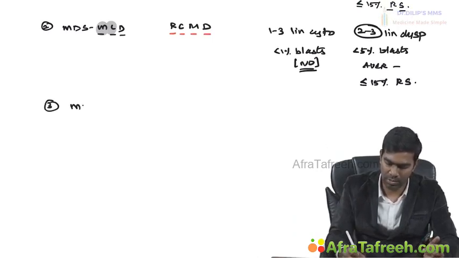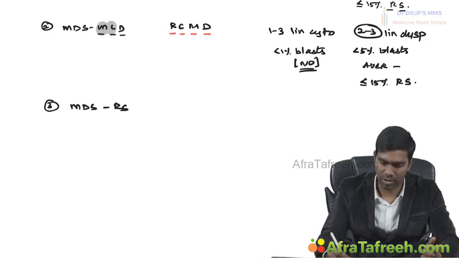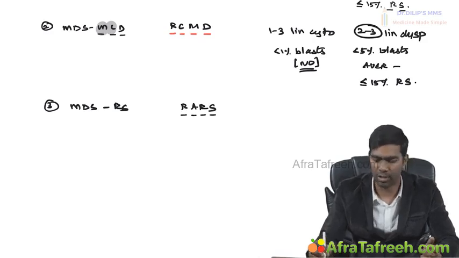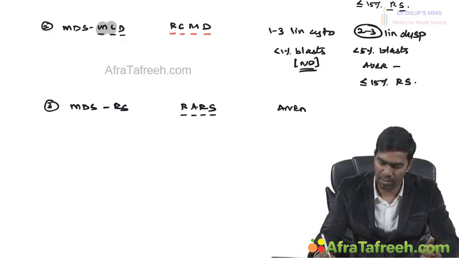Number 3, you have MDS with ringed sideroblasts, MDS-RS. This is what we referred to as RARS, refractory anemia with ringed sideroblasts. What you're going to see here is only anemia. Only one lineage cytopenia will be there, that is anemia. At the same time, there will be less than 1% blasts, which means there are no blasts.